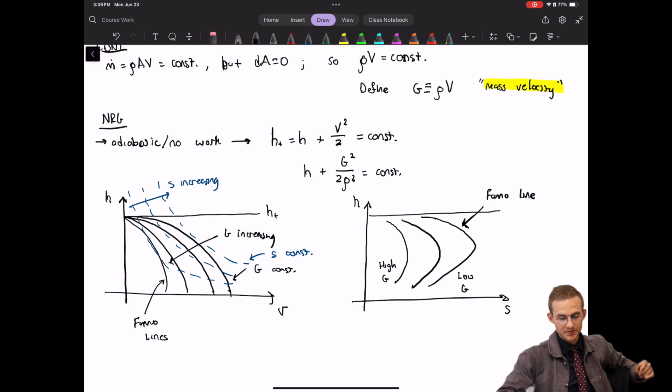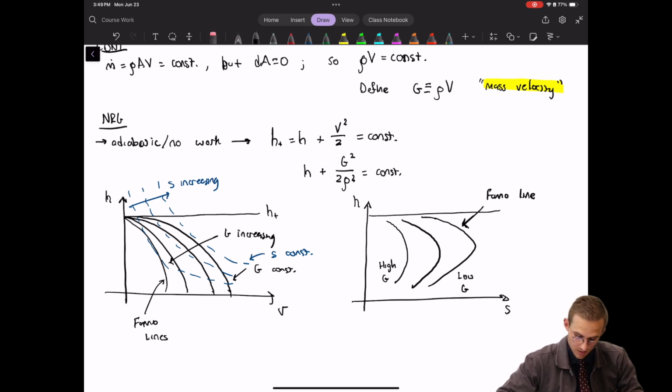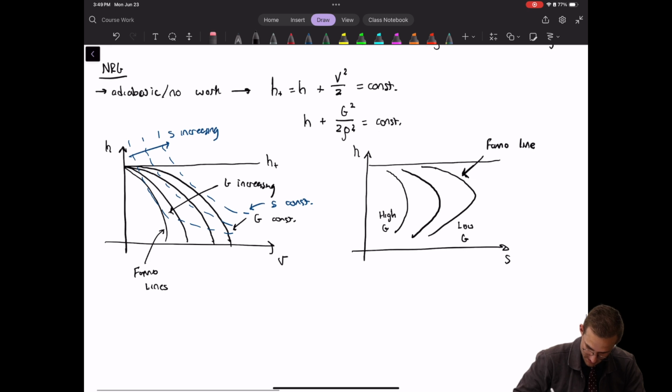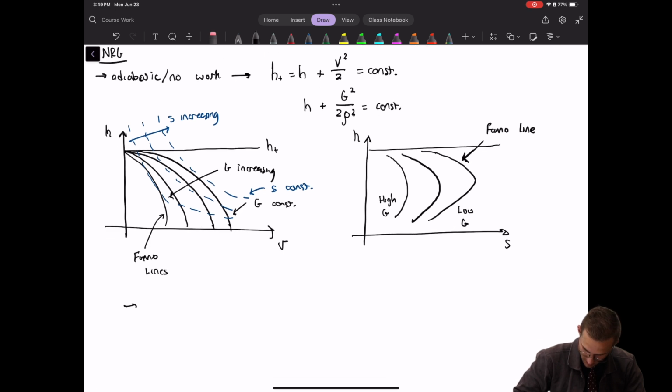Do fluid properties change when friction is present? And the answer is of course, right? We have some sort of frictional losses. So when friction is present, there are losses.